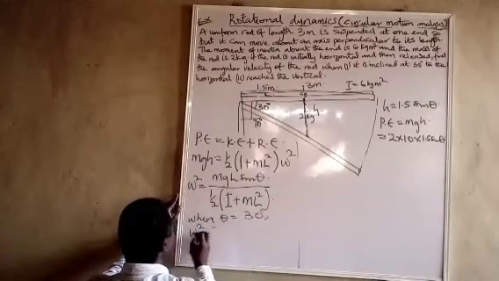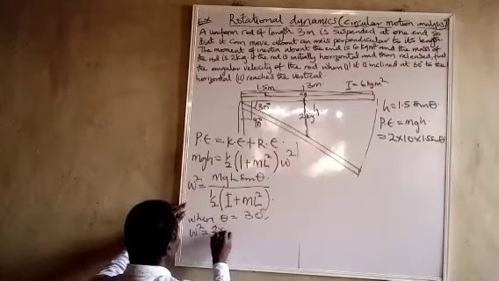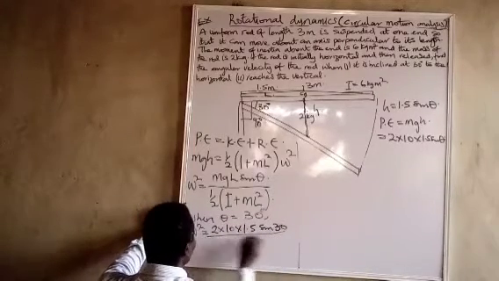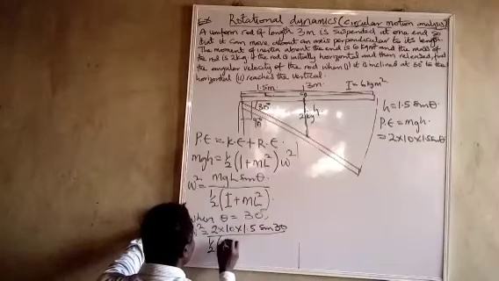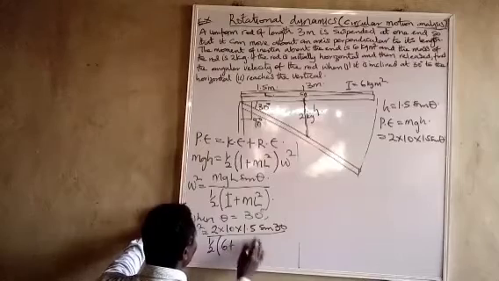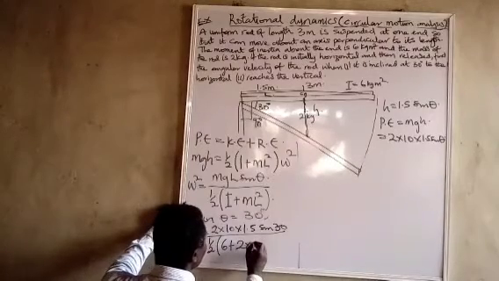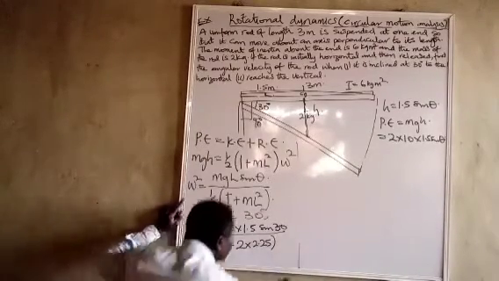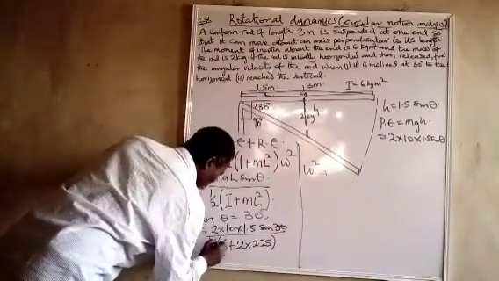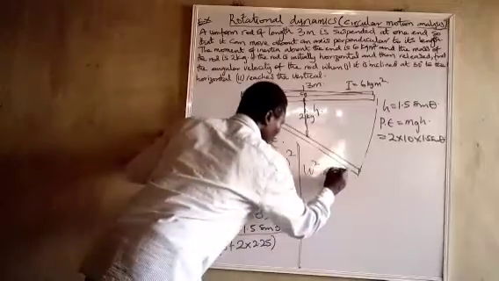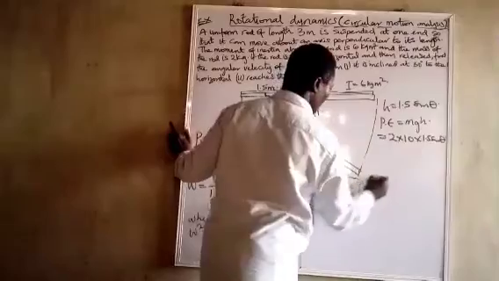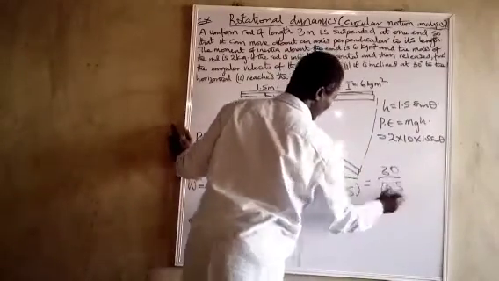we are going to have omega squared equal to 2 times 10 times 1.5 times sin 30 divided by half into 6 plus 10.5, that is 2 times 2.25, which is 4.5. So omega squared will be equal to 15 divided by half into 10.5, which is 30 over 10.5.